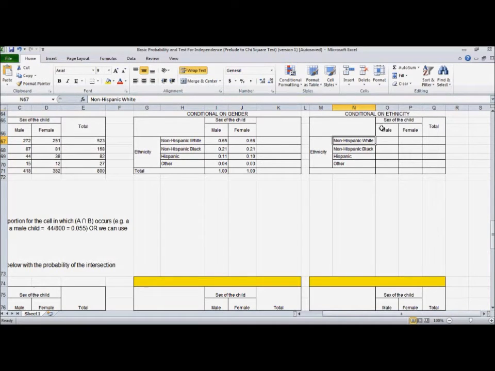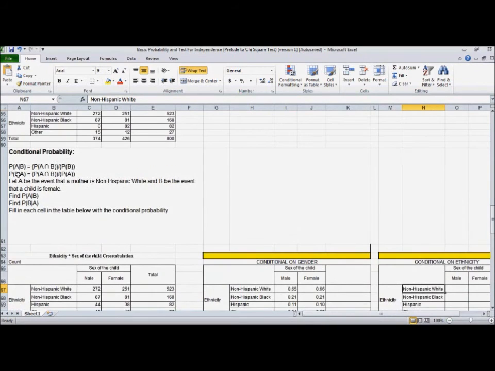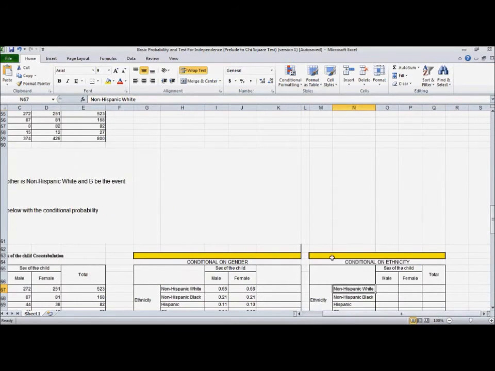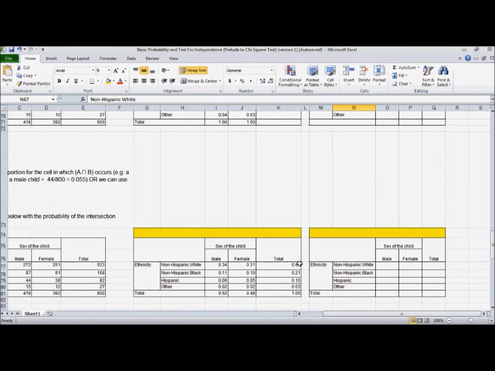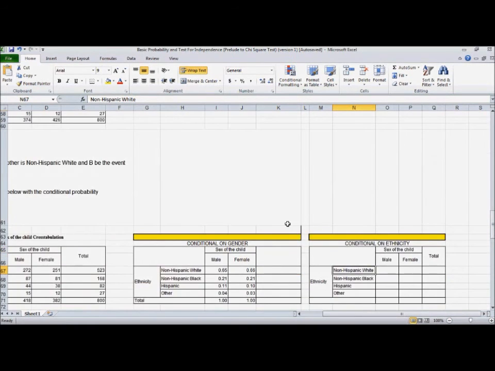So what's the probability of A given B? That would be the probability of male given non-Hispanic white. So the formula remains the same. A given B equals the probability of A and B over the probability of B. We said B was non-Hispanic white in this case. So now we can still use this table of probabilities and use our full formula.